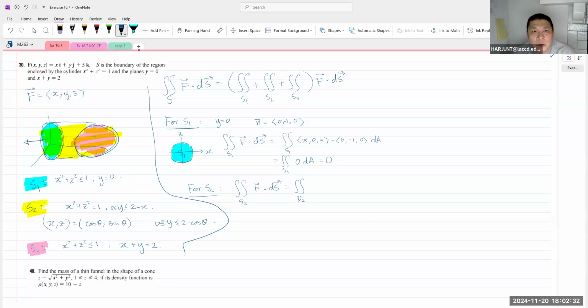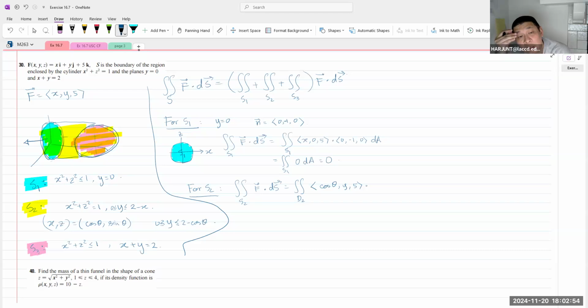The F will be cosine theta, y, 5, and then the normal vector, oh, we use cylindrical there.